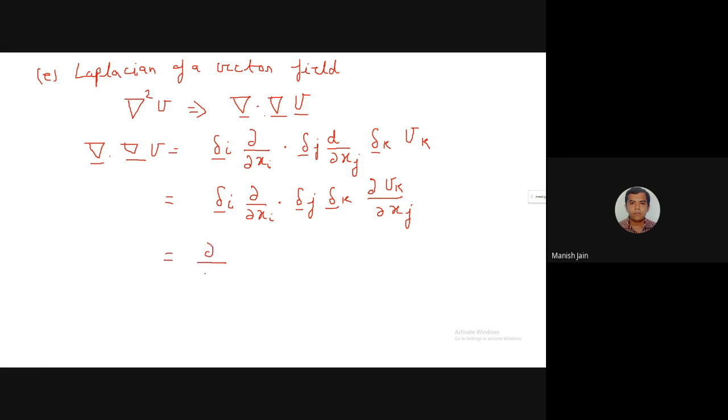So del by del xi of del vk divided by del xj, and again you have the dot operation between e_i dot e_j e_k. So this dot operation will occur between e_i and e_j only. Here you have to replace it by the Kronecker delta.